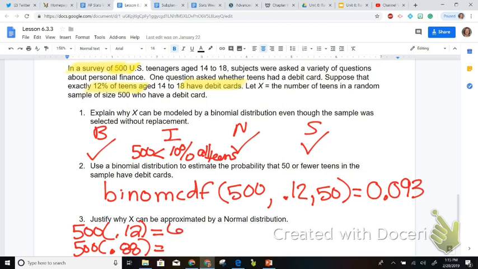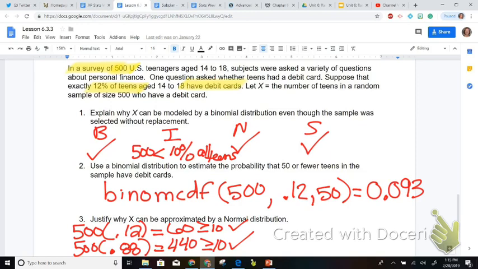That means I'd expect about 60 successes, and that is greater than or equal to 10. And if the probability of success is 12%, then 1 minus 12% is 88%. So 500 times 88% is 440, which is greater than or equal to 10. So I can use the normal distribution.